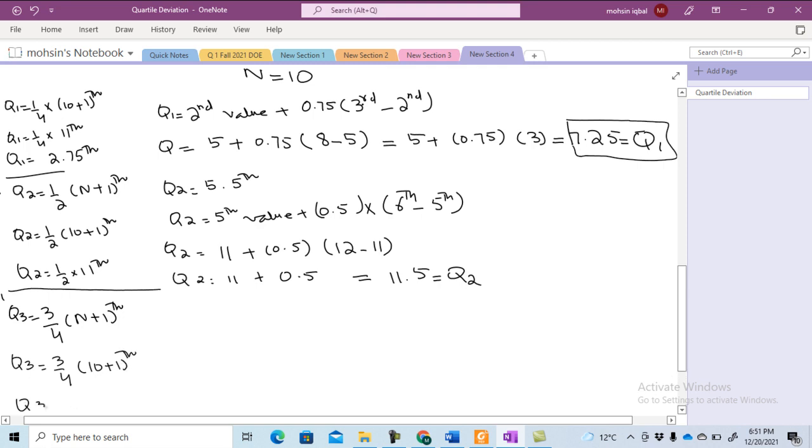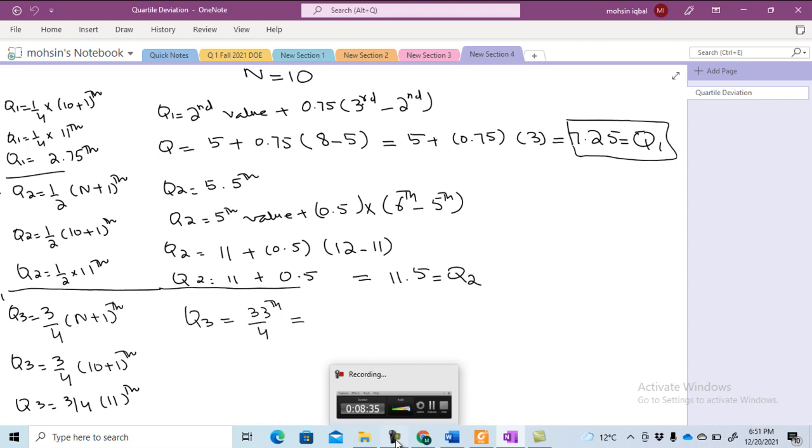So Q3 will be equal to 3 by 4 of the 11th value. When we multiply it, I put a line here in order to differentiate between these two. 33 divided by 4th value will be equal to my third quartile. I'm going to calculate it on the calculator.